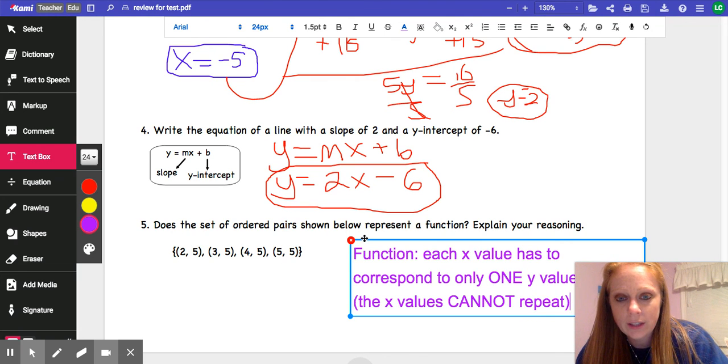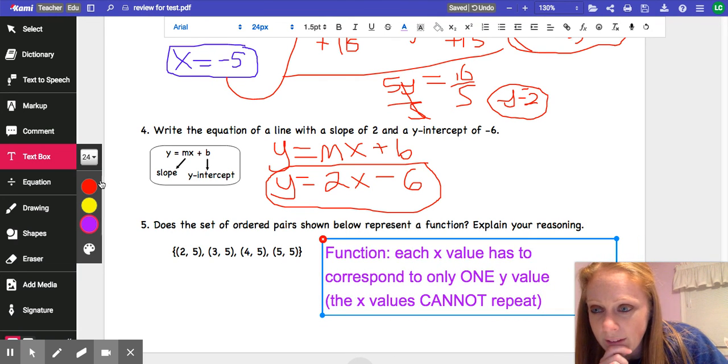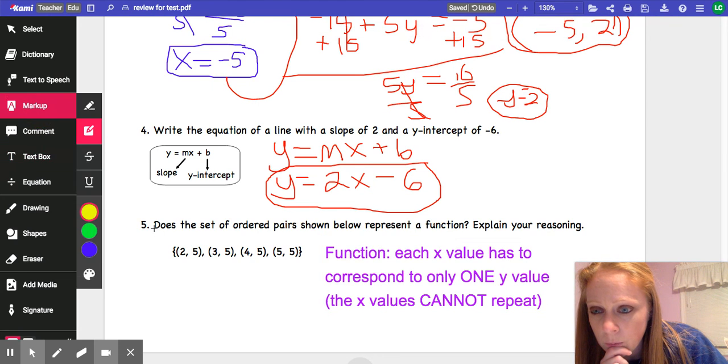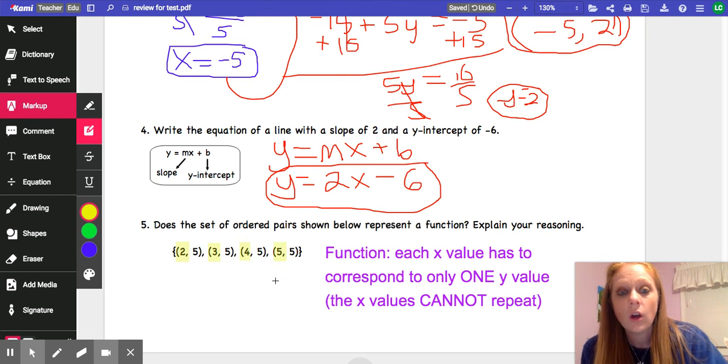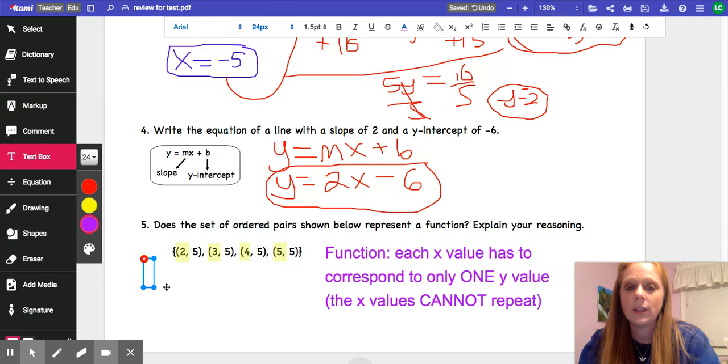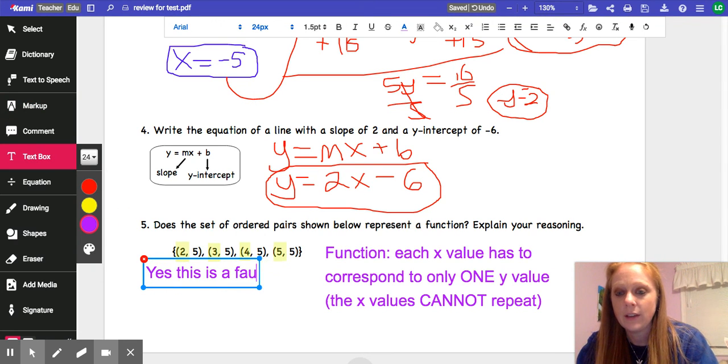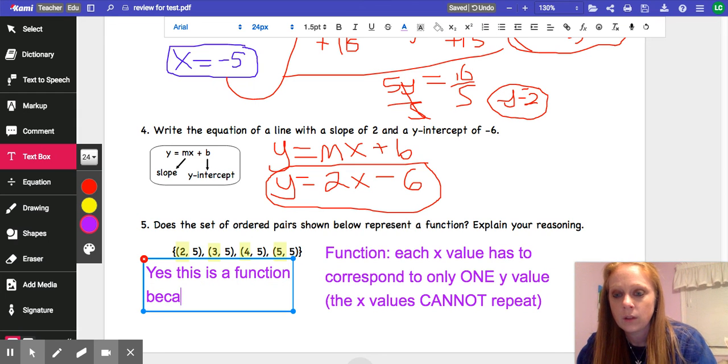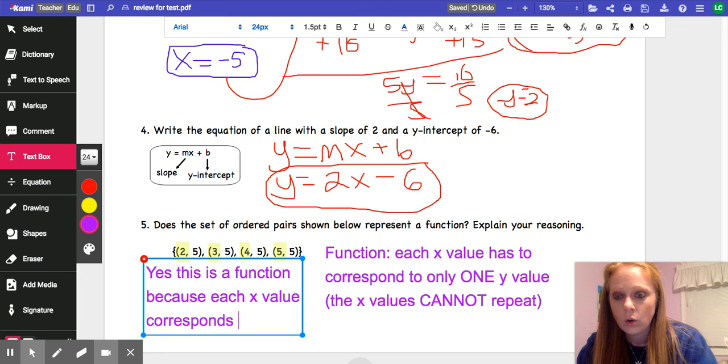Okay, so let's check this out. We have an x value of 2, an x value of 3, an x value of 4, and an x value of 5. All of our x values are different. They are not repeating. So yes, this is a function because each x value corresponds to only one y value.